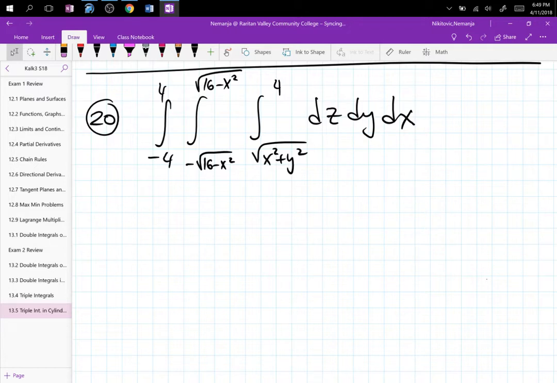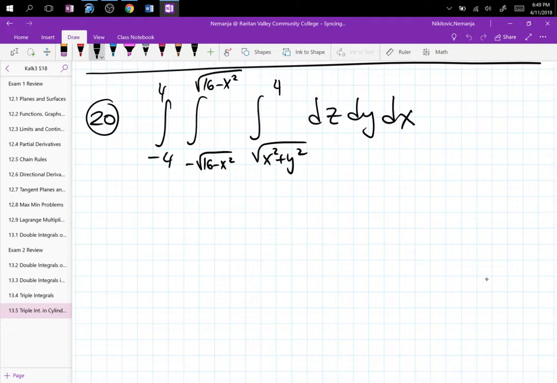If you're able to draw the domain looking at the limits, you should be able to transform this into a cylindrical integral, and then clearly just change this to r squared and you're done. So that's exactly what we are going to do: look at the outer two integrals and pick off the domain, and once I have that, move along.